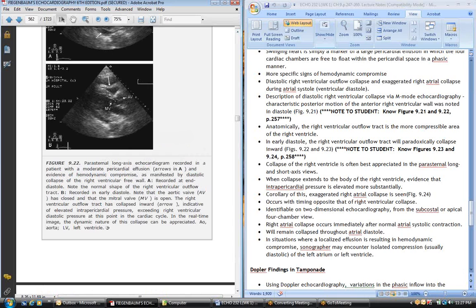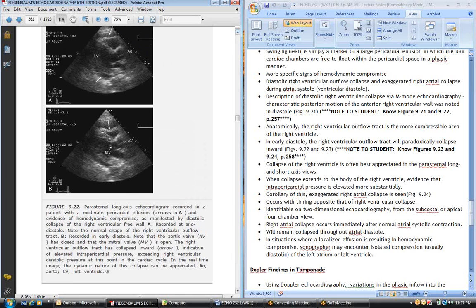You see up here in this little view, you've got an effusion and you've got a little bit of collapse. See this collapse right up here? You're in diastole based on your EKG, and you've got bowing down or collapse of the ventricle.